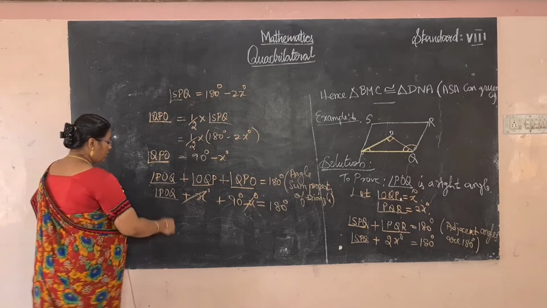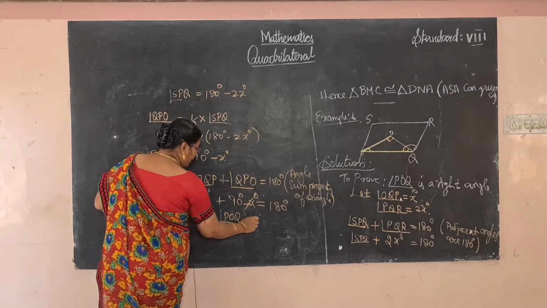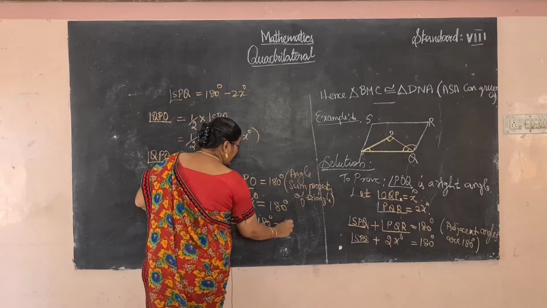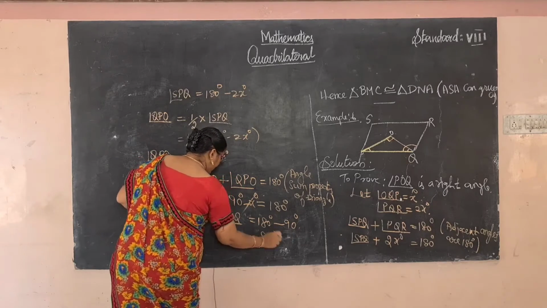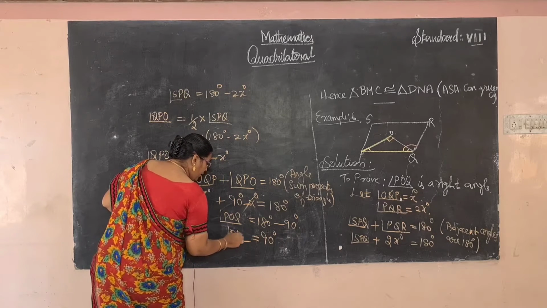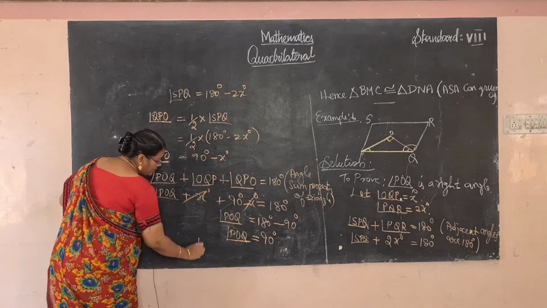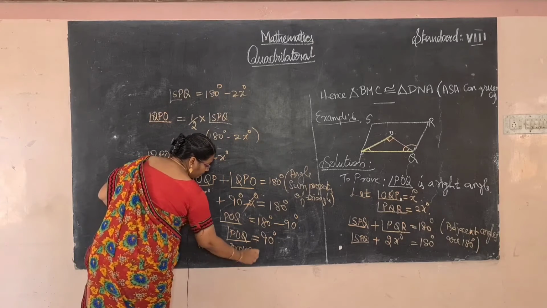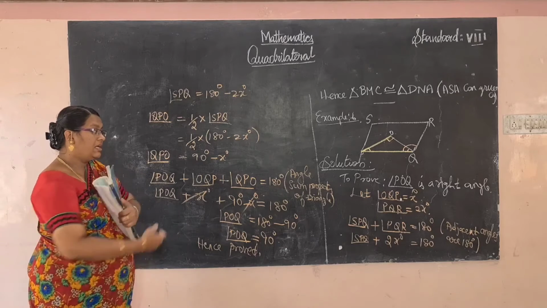What remains? Angle POQ is equal to 180 degrees minus 90 degrees, so 90 degrees. This means the angle POQ is a right angle. Hence proved. You understand?